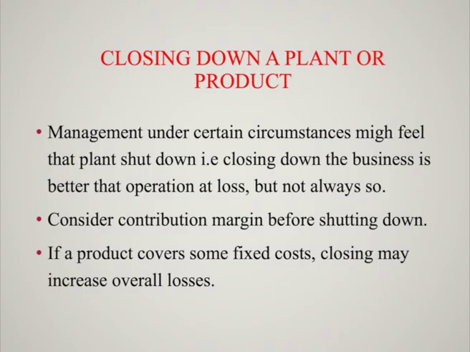Management under certain circumstances might feel that plant shutdown, that is closing down the business, is better than operating at a loss, but not always. When the plant is not able to recover even the fixed cost, the question is whether they want to continue or not. What is the profitability position of the plant? What is the cost of the plant?